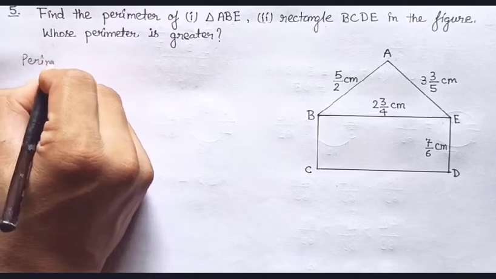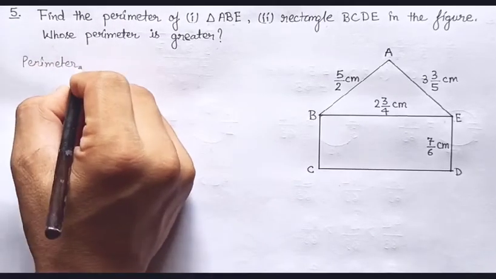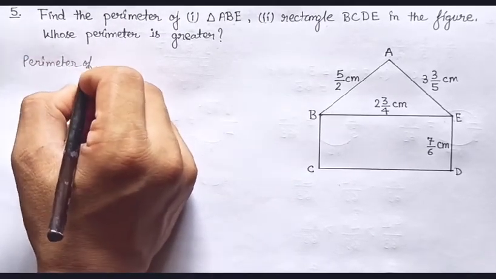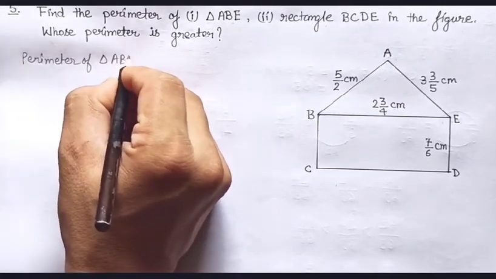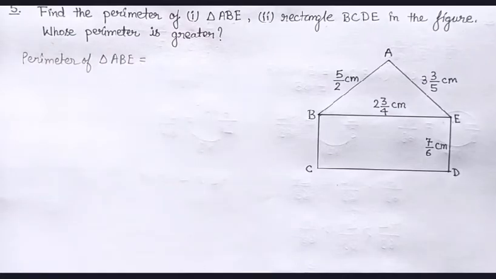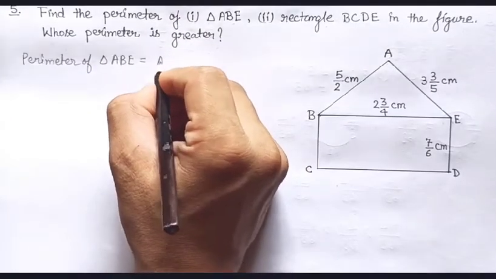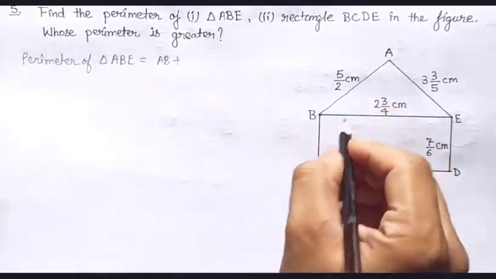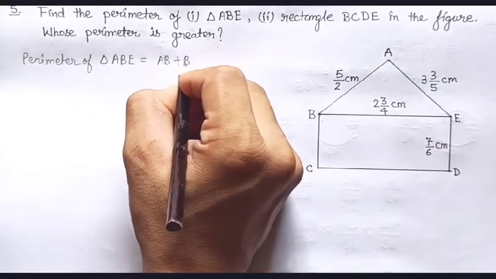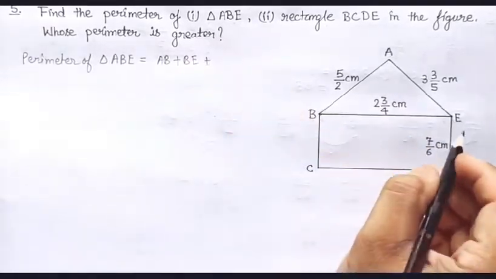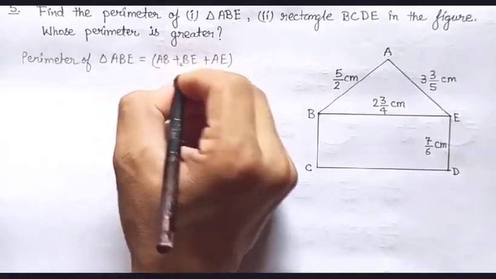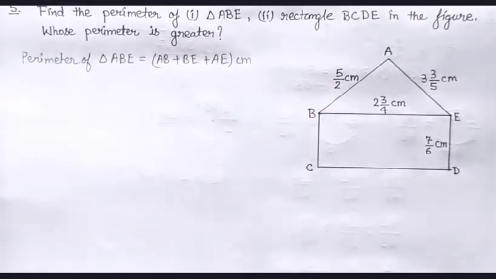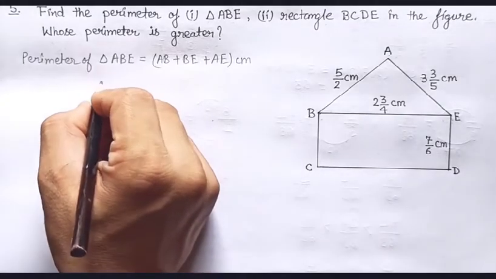So we can write perimeter of triangle ABE is equal to AB plus BE plus AE, and it will be in centimeters. Let us put the values.